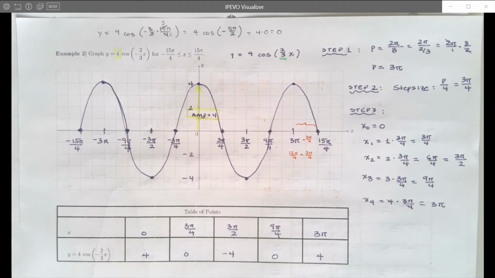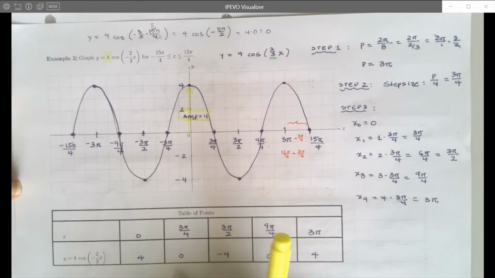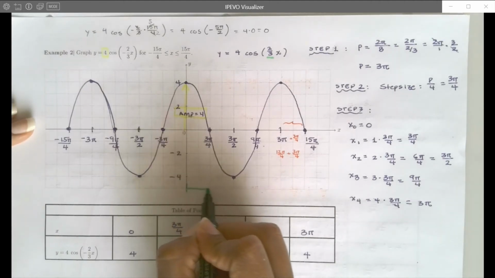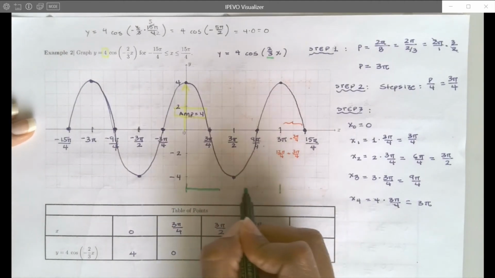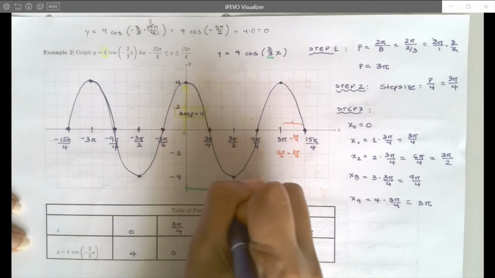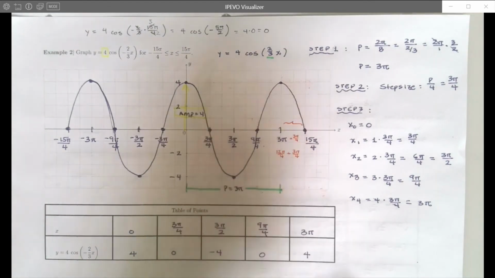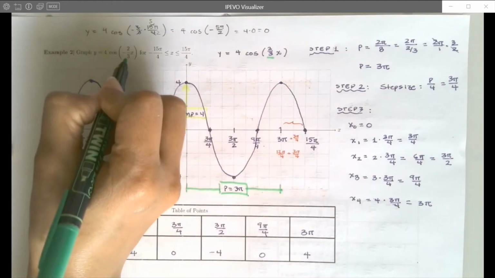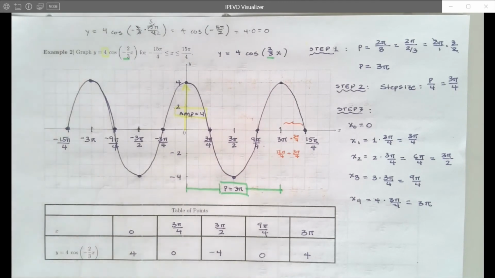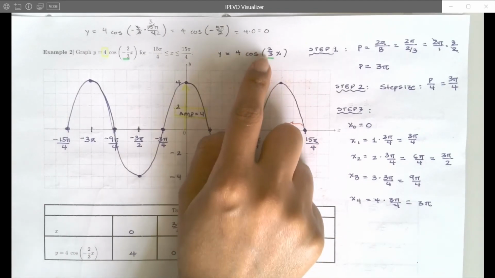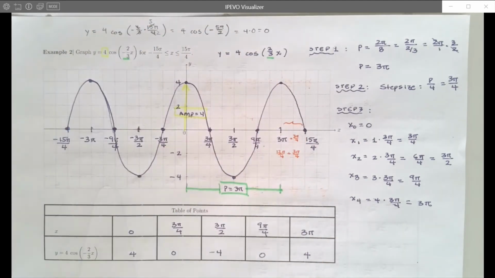And then the period, we found it to be 3 pi. Does that agree with what we saw here for B? Well, for B, it says, if we're looking at the positive version of it, you're only going to be completing 2/3 of the cycle in 2 pi radians.